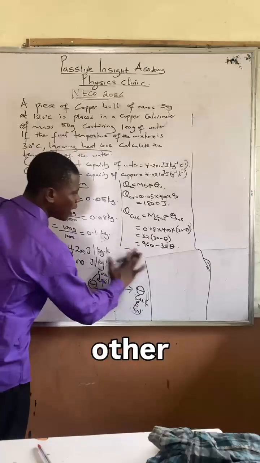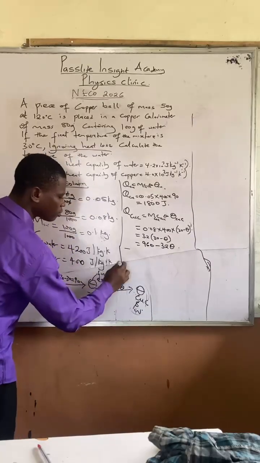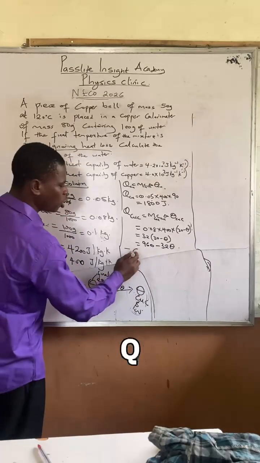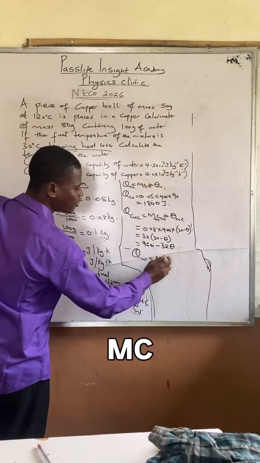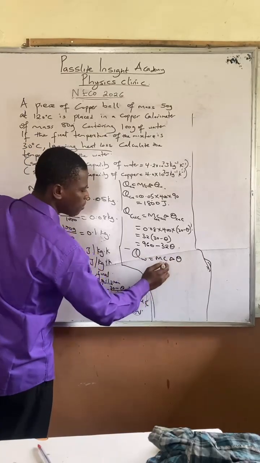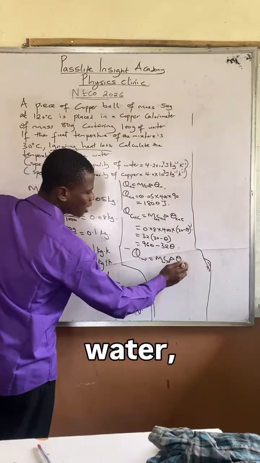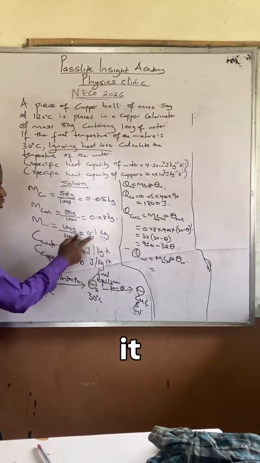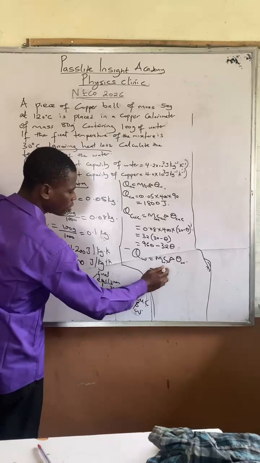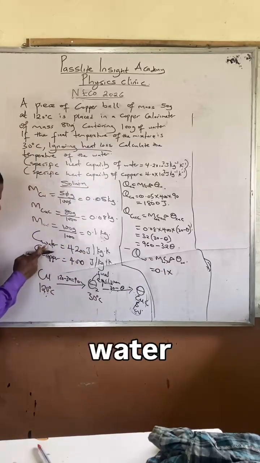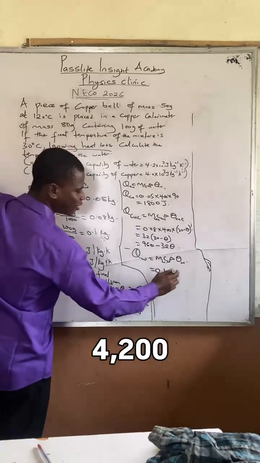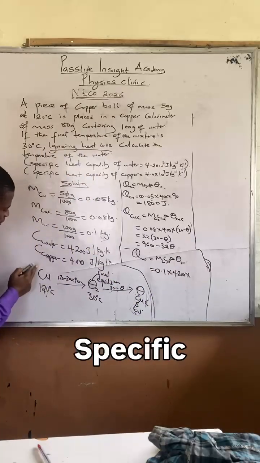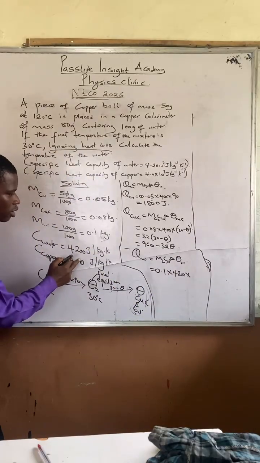I'm done there. The other one to do is Q of water, equal to MC change in theta. What is the mass of water on the board? Look at it, 0.1. The C of water, the specific heat capacity of water, is 4,200.